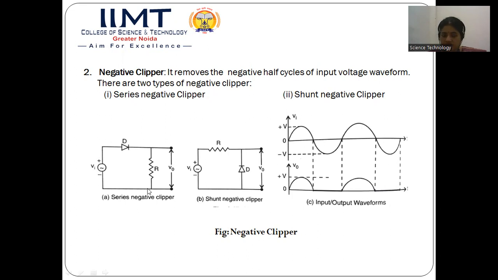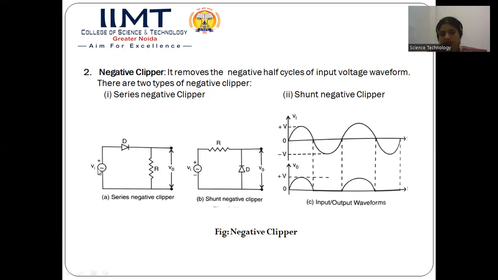If it is forward biased, then this diode will act as a closed switch or short circuit, and the voltage drop across the diode will be 0, and the voltage will drop across the resistance R. So we will be getting some value of the output voltage. This is the input waveform, and this is the output waveform in which we are getting the output in the positive half cycle.